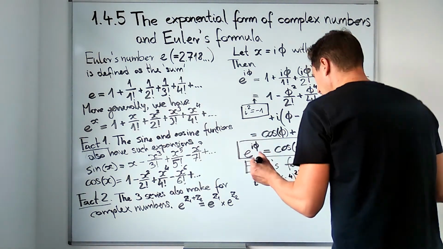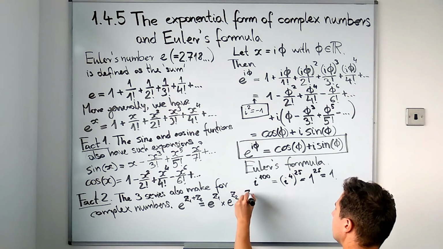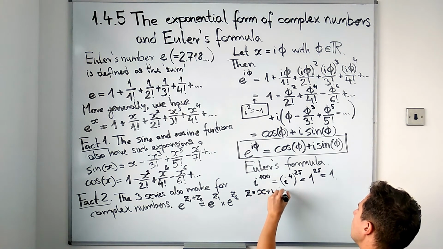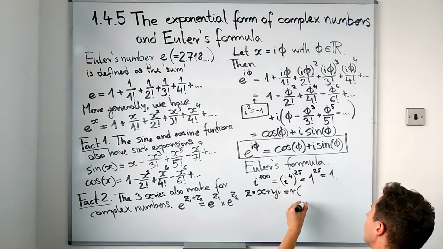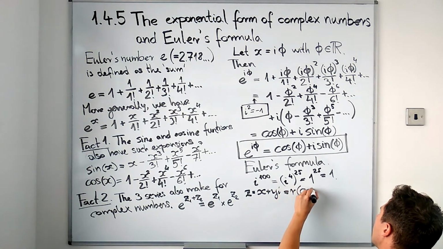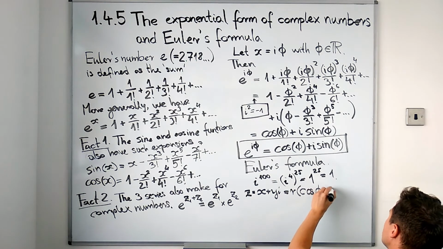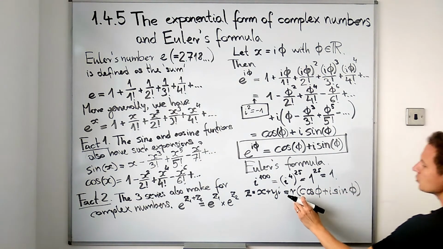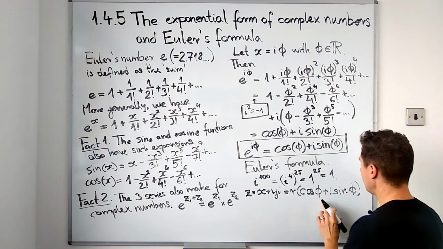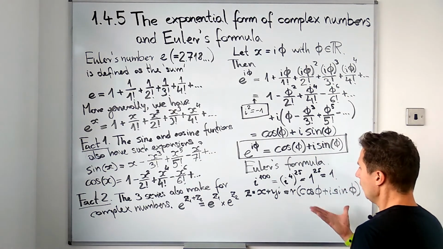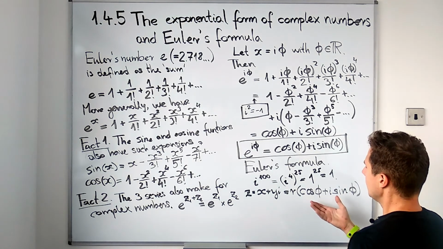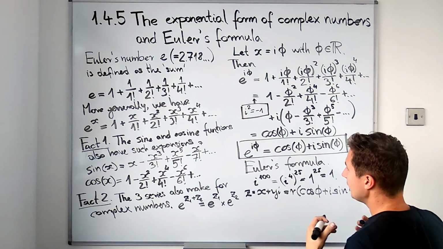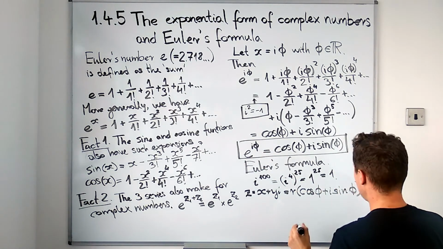So previously, when we have written that z, a complex number, is equal to x plus yi, and then we turned that into a polar form of r times the cosine of phi plus I times the sine of phi, with r being the modulus of our number and phi being the argument of that number. Now what multiplies r can be written as e to the I times phi.